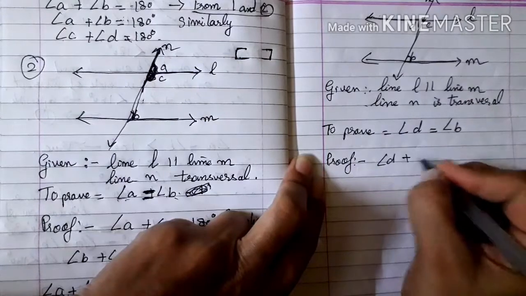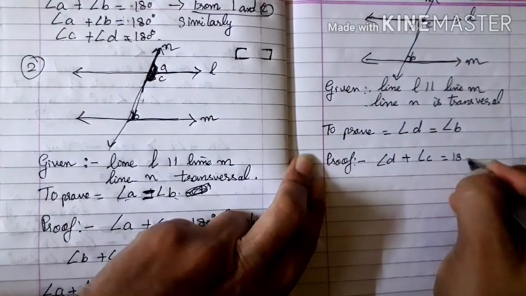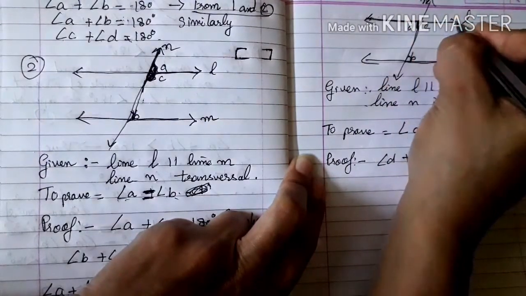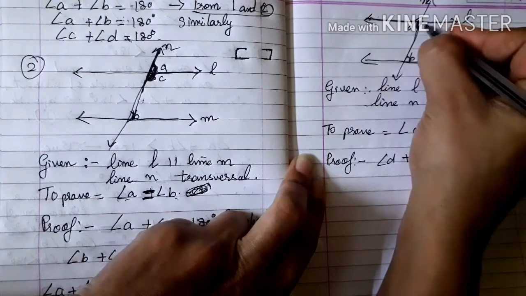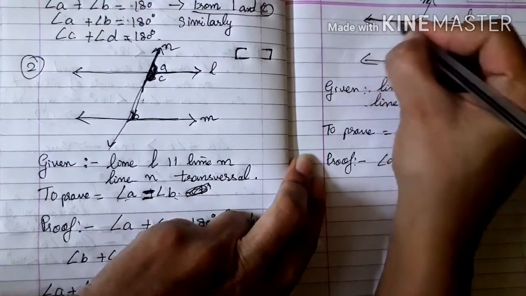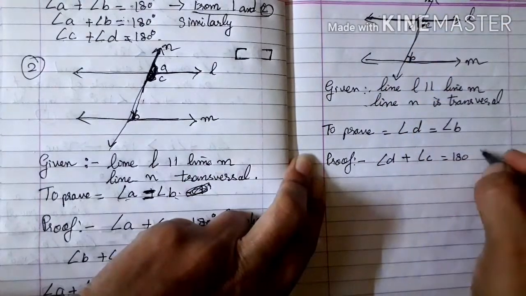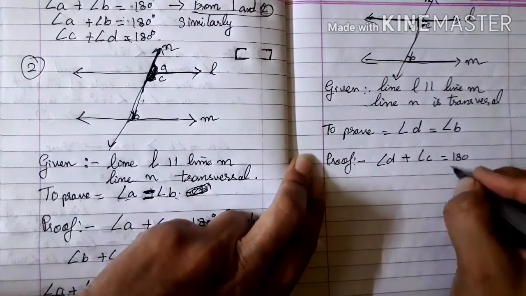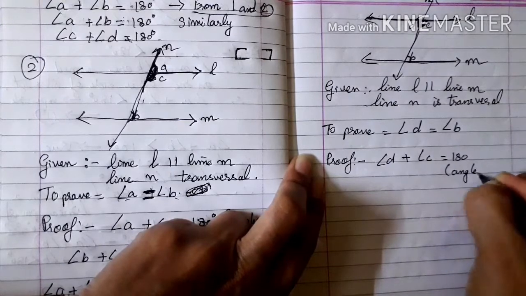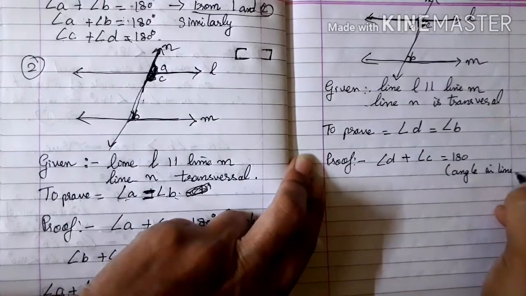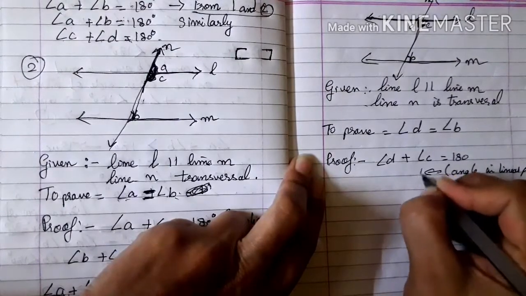Angle D plus angle C is equal to 180 degrees. These both are forming 180 degrees. Got it? So the reason you have to give over here is angles in a linear pair. They are on one straight line. This is the first conclusion.